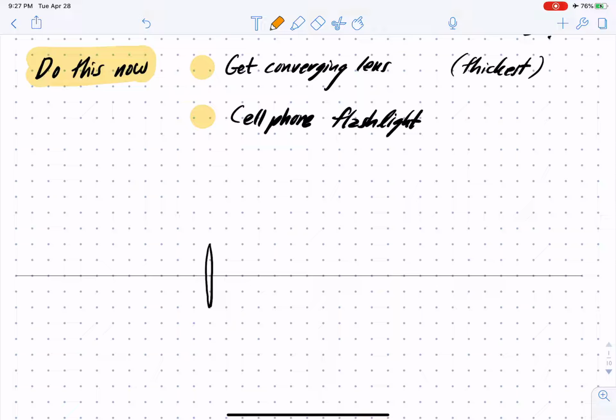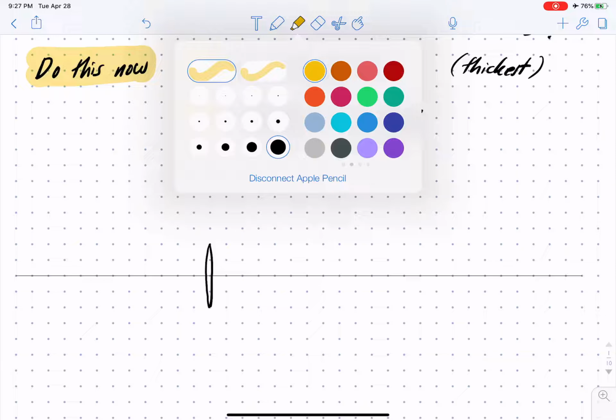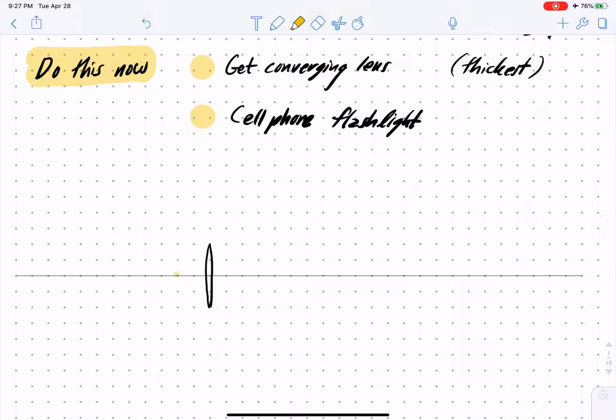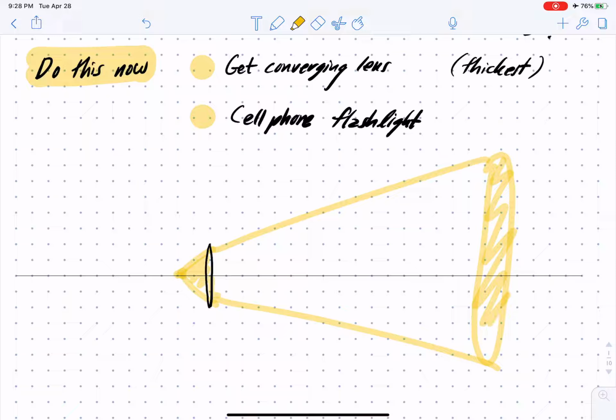Okay, so put your flashlight close to the lens. So it's really close. The light will spread out from there and hit the lens, and then it will spread out and make a dot on the wall. So make it close enough to a wall or something so you can see maybe a meter away. Okay, so you should see a big circle over there.